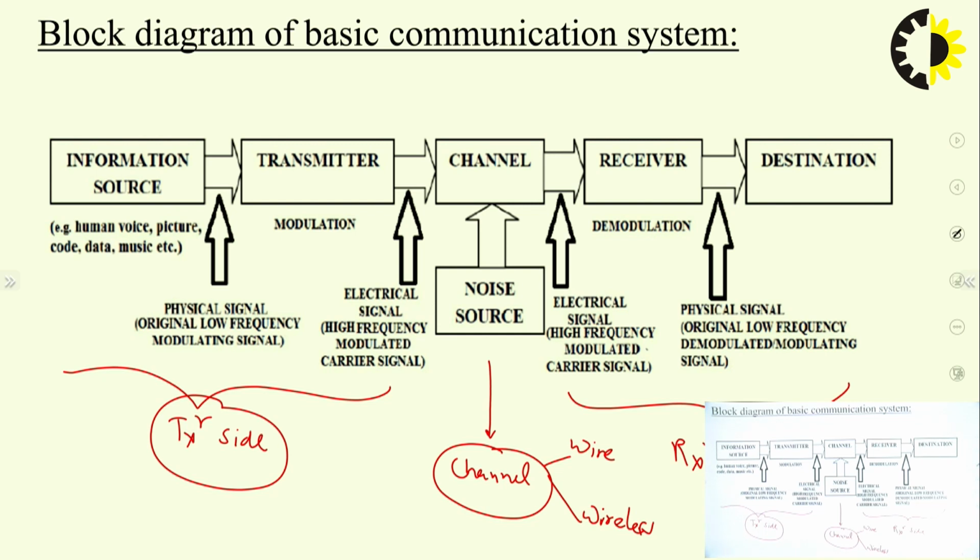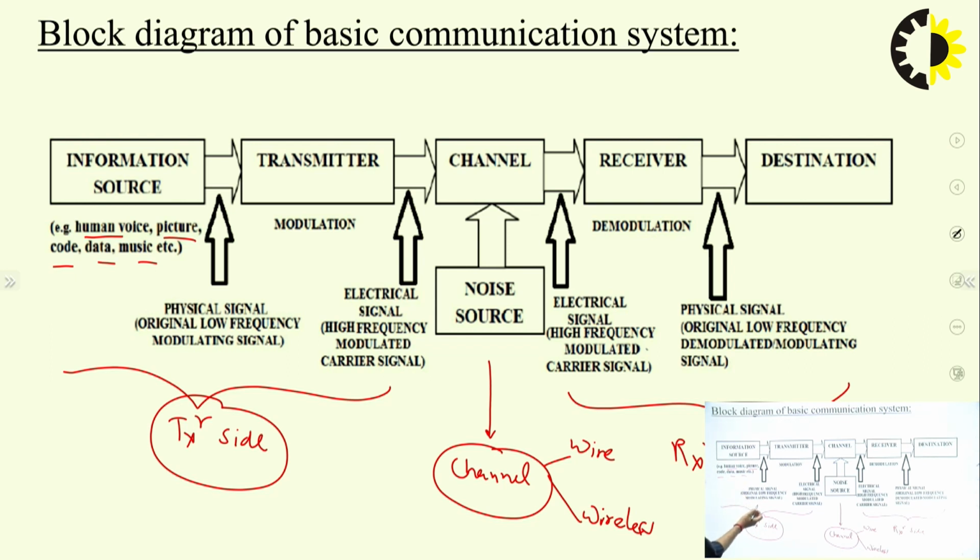First we will discuss the transmitter side. At the transmitter side the information could be in the form of human voice, picture, code, data, and music. All of these informative signals can be considered as a message signal. This message signal first needs to be converted into electrical form.